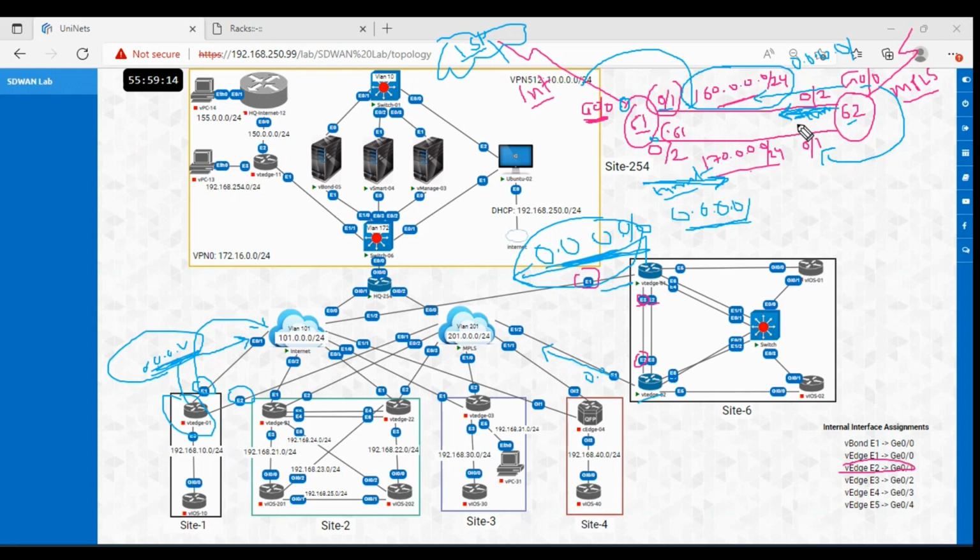You can take this as very similar to this one. In order to send all your traffic towards the internet, you have to have a default route here and a default route here.